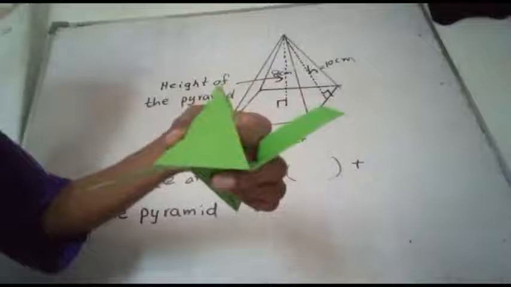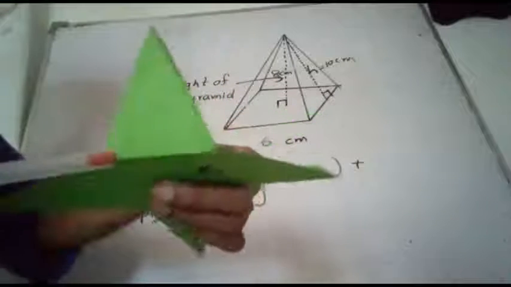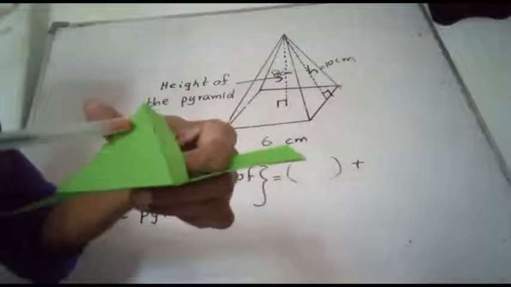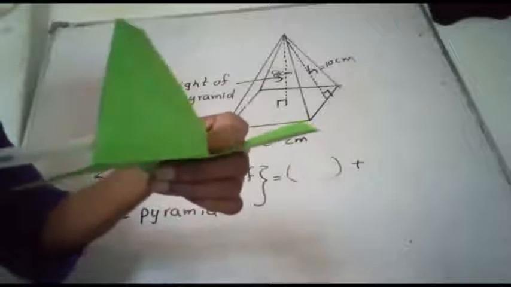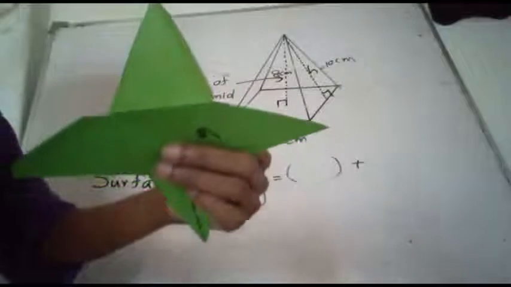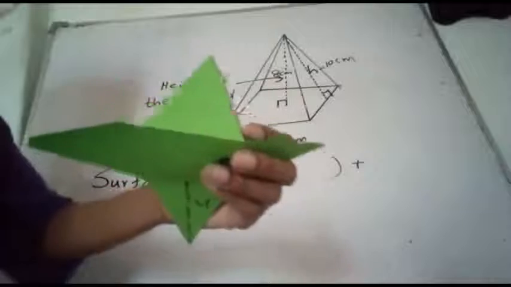When all these 3 sides are equal in length, then all these 3 angles are equal to 60 degrees.